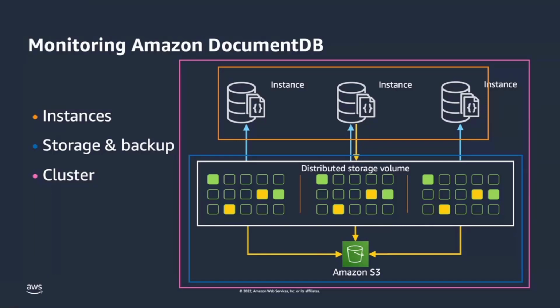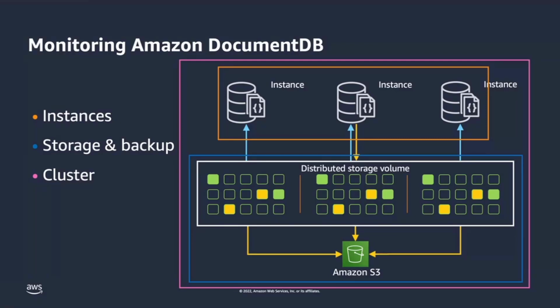So I do want to talk a little bit about this architecture because it is important to understand. So you see this separation of storage and compute here with the compute layer at the top. DocumentDB clusters will always have a single primary instance to handle reads and writes, but multiple replica instances that handle reads. You can have from 0 to 15 replica instances.